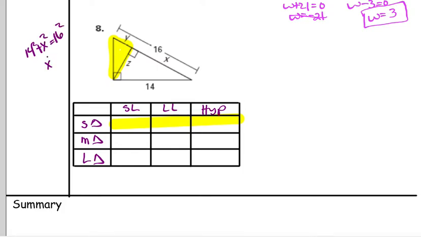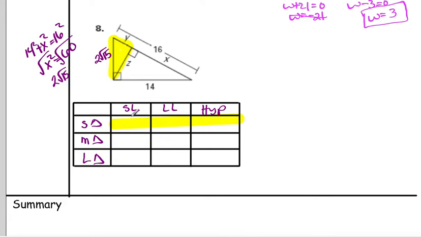And so x squared will equal 60 if I did 16 squared minus 14 squared. And then when I square root 60, I get 2 root 15 because it divides by 4 and 15, so that gives me 2 root 15. So I'm going to put 2 root 15 on that side.